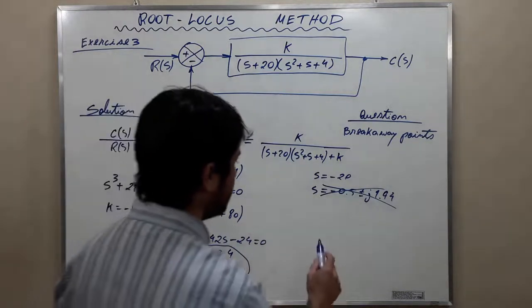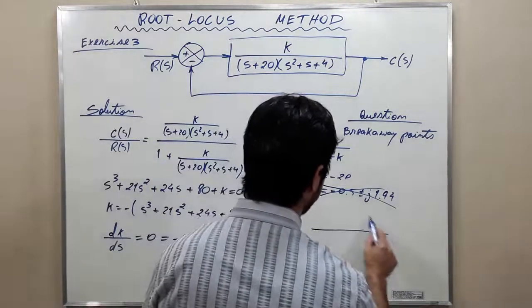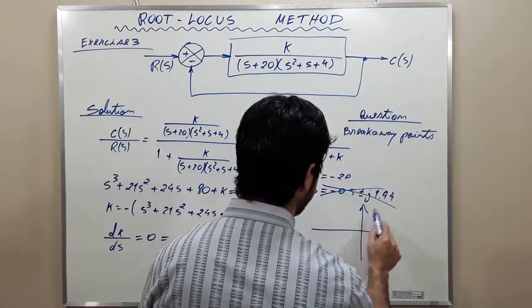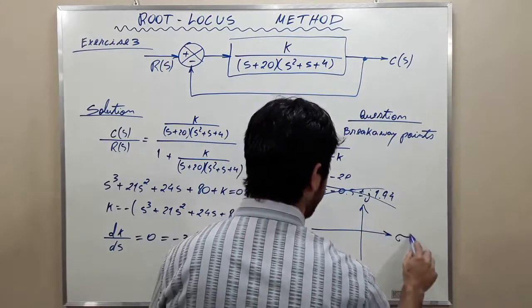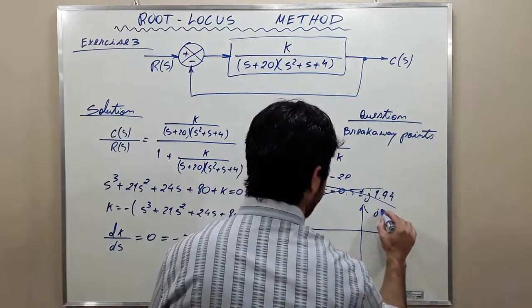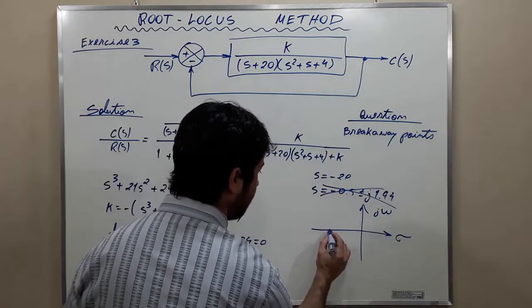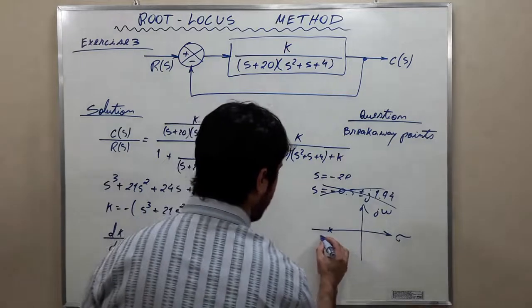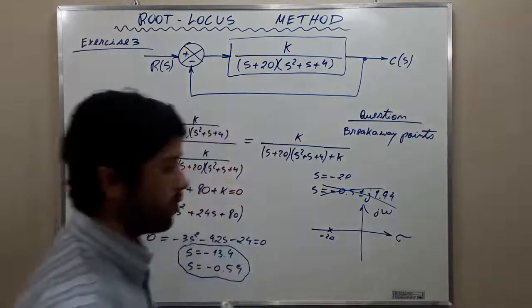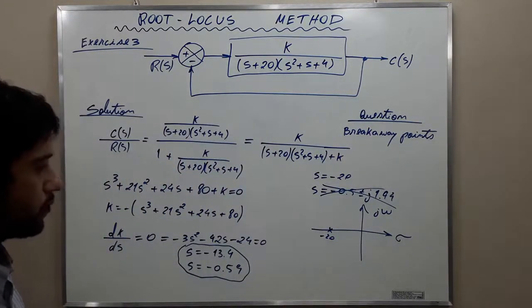We have the complex plane here. Here is sigma, here is JW, okay? And here we have minus 20. This is one of the open loop poles.